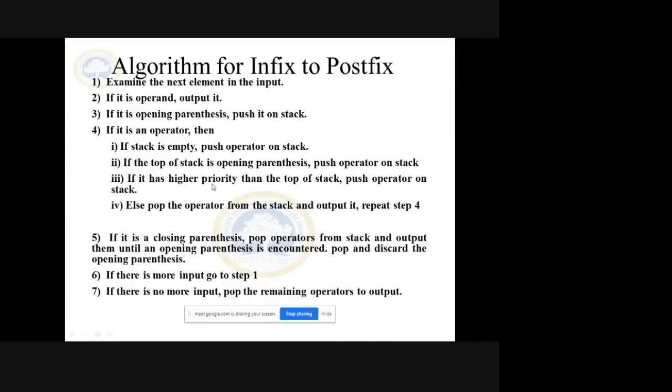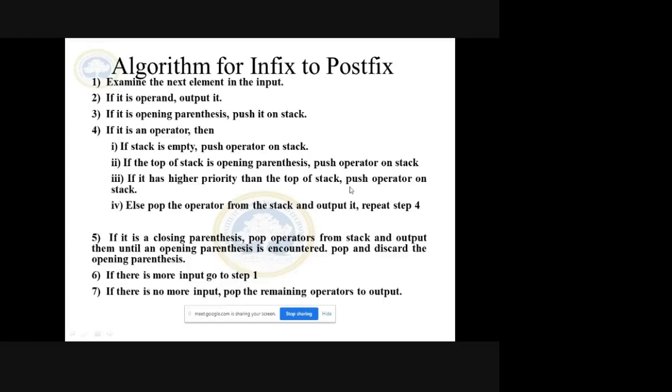If your operator inside the stack has a higher priority than the incoming operator, then you have to pop it.